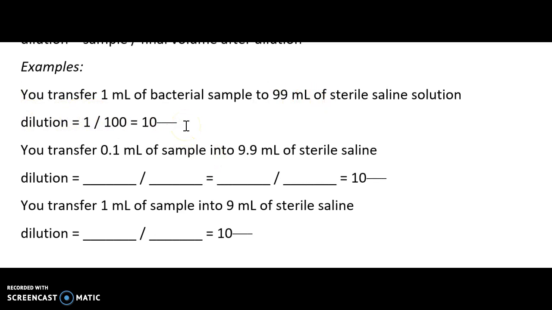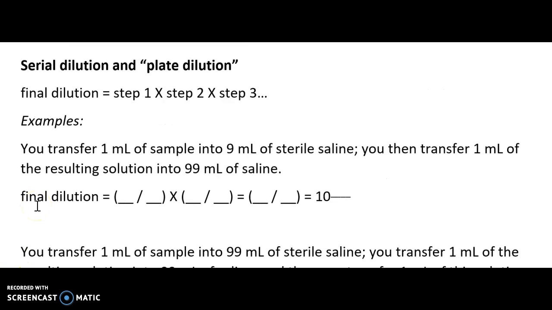And as you should remember from the scientific notation work that you did, that's 10 to the negative 2, and can also be expressed as 0.01. Now, when you start with a sample, you don't know how many bacteria are in it. That's the whole point.